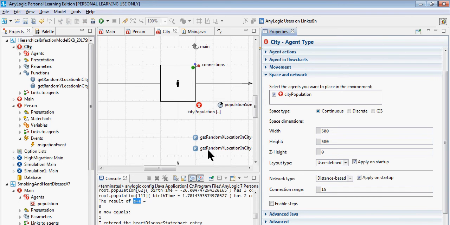For example, if we had gone to, well, let me ask this. So if we're considering networks of persons in that model we built yesterday, that hierarchical model, where would the network structural assumptions be specified in AnyLogic? Does anyone remember?